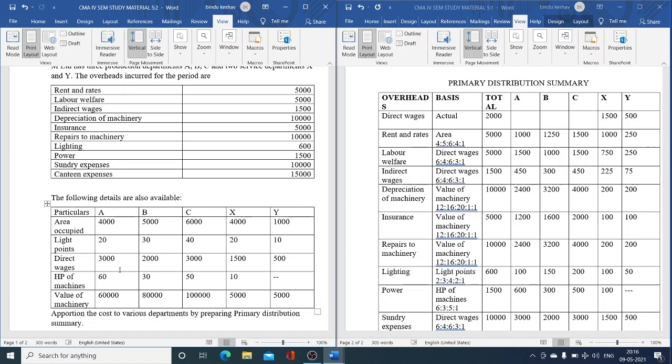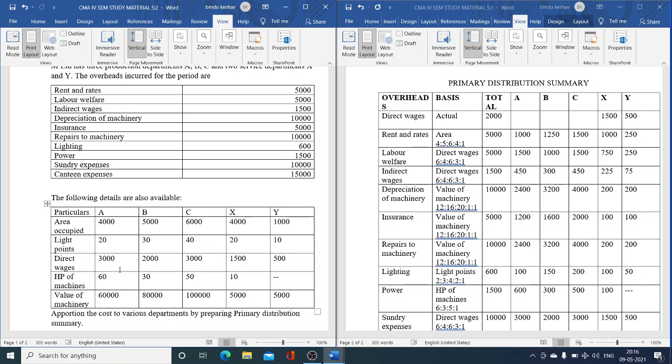The 30, 20, 30, 15, 5 can further be simplified by dividing by 5. So we have divided all these items by 5, and we get the ratio as 6:4:6:3:1.